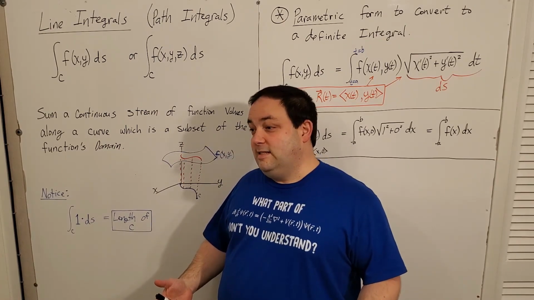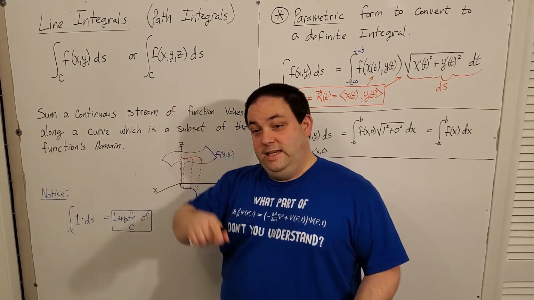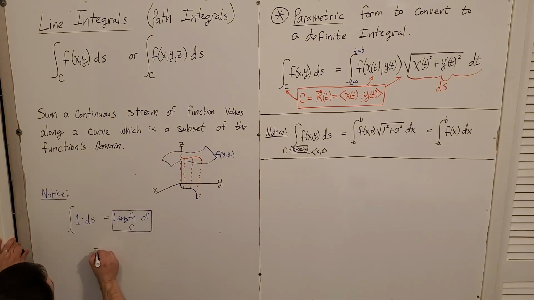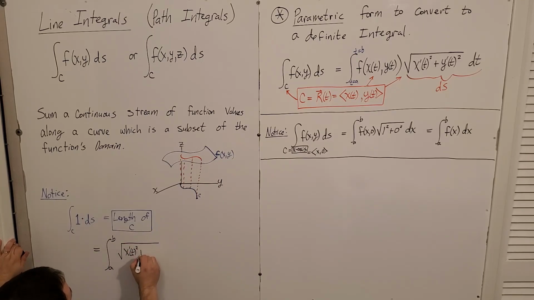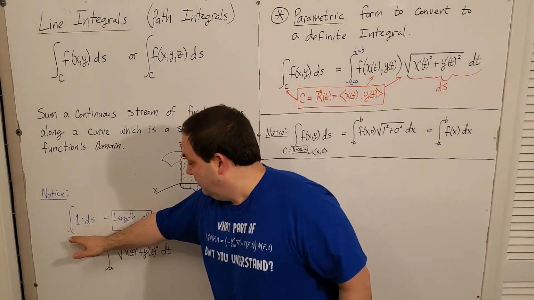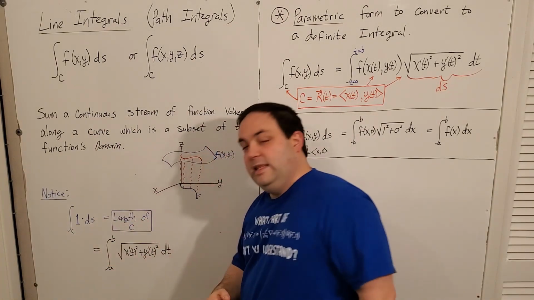So what is that the same as? It's the same as the integral from a to b of, if it's in parametric form, the derivative pieces squared, dt. So you can equate something like this with something like this.